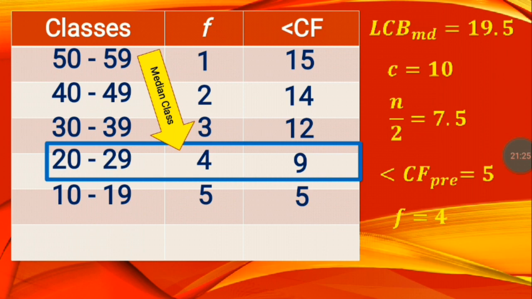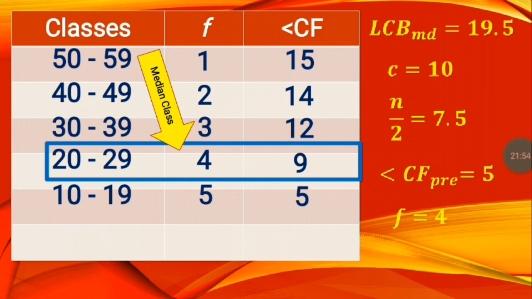Then it states there that for you to locate the median class, you need to look at the less than cumulative frequency. The first value in the less than cumulative frequency column that is greater than n over 2 for the first time. So it falls on 9. Okay? Then we're going to enclose.